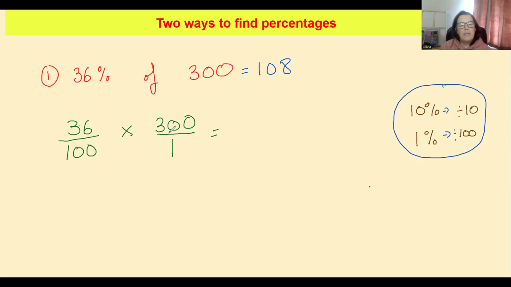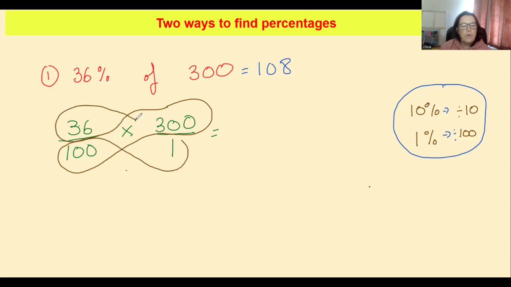Now I'm going to multiply these two together, but can I make the job easier for myself? Oh, yes, I can. When you're multiplying two fractions like this, if the numbers are very big, can you simplify? So what I'm doing here is creating a butterfly. So we're going to cross simplify. Now, I hope that doesn't confuse you.